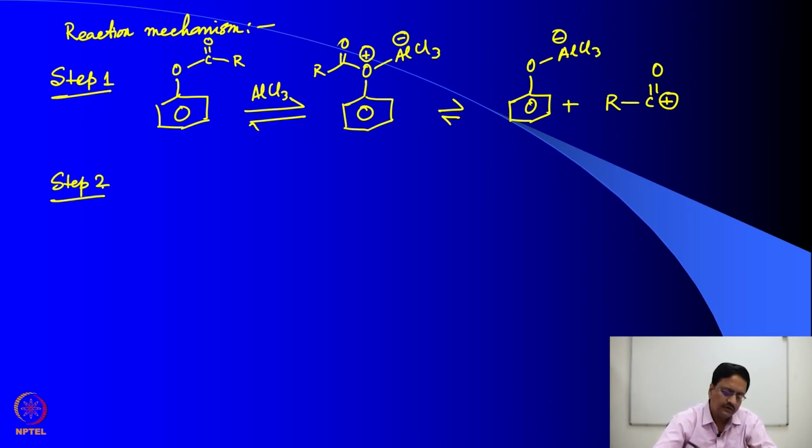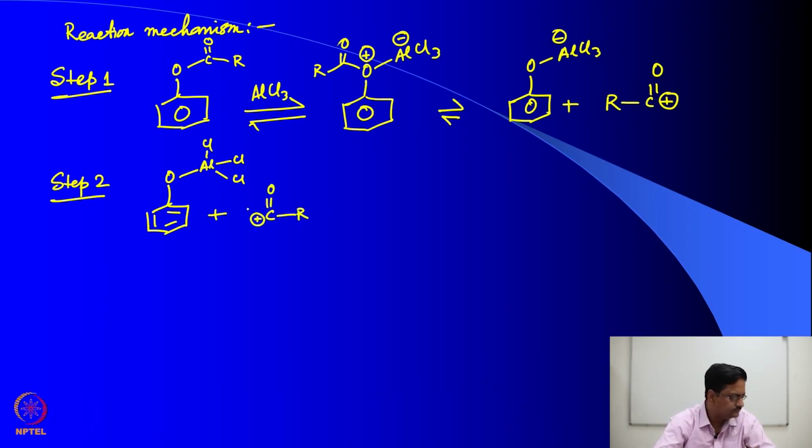So, in step 2, the adduct of the catalyst and the dissociated cation reacts, and a further intermediate is formed.